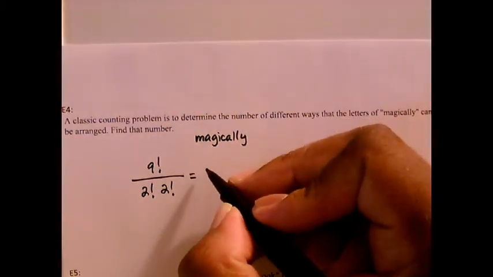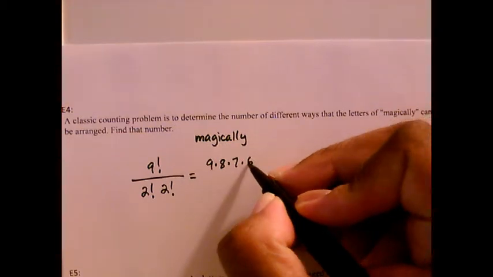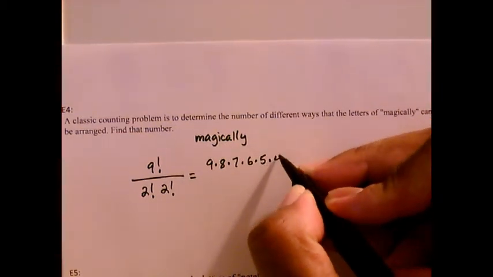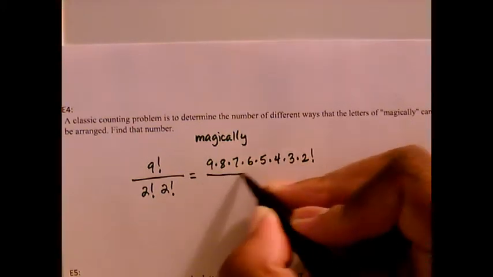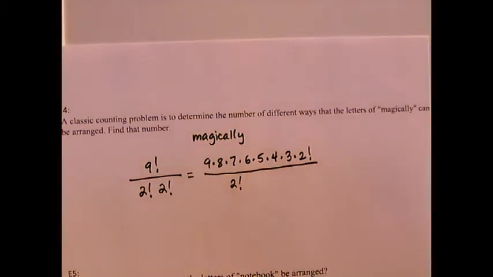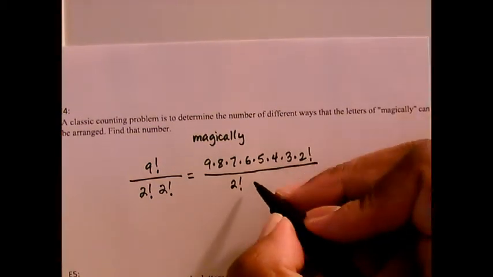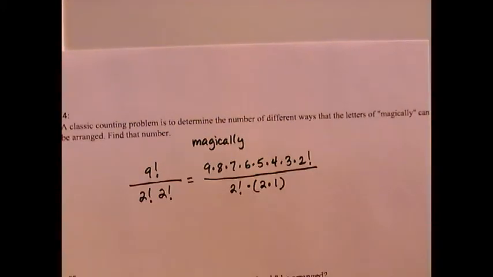So let's simplify this. 9 factorial would be 9 times 8 times 7 times 6 times 5 times 4 times 3 times 2 factorial. The reason why I'm stopping at 2 factorial is because I have a 2 factorial in the denominator. And I'm also going to expand the other 2 factorial as 2 times 1.